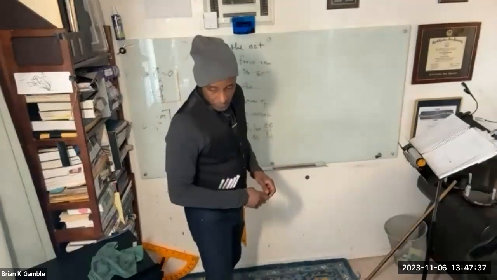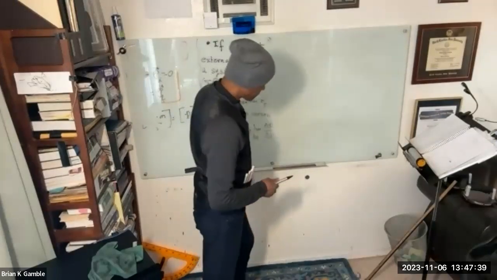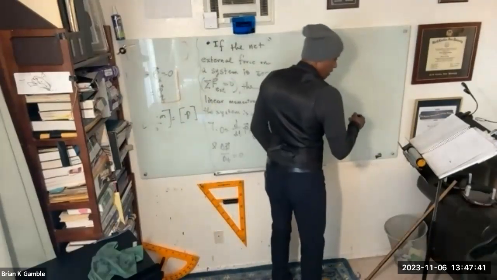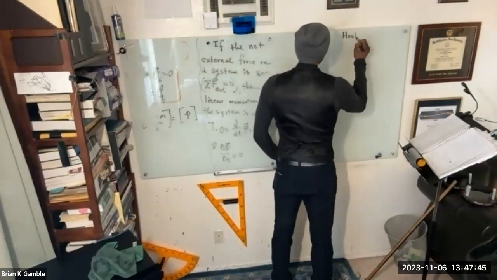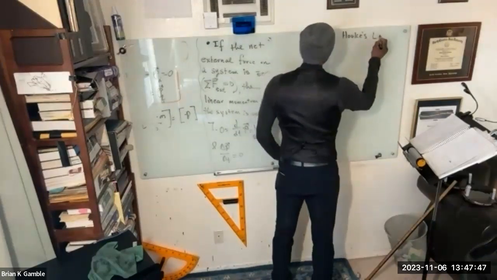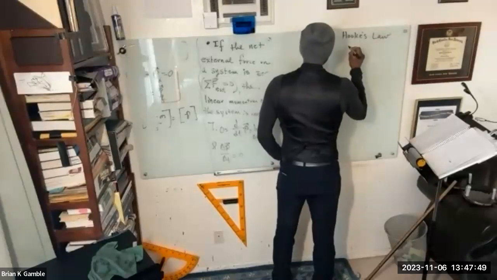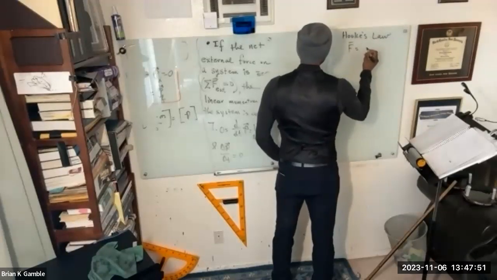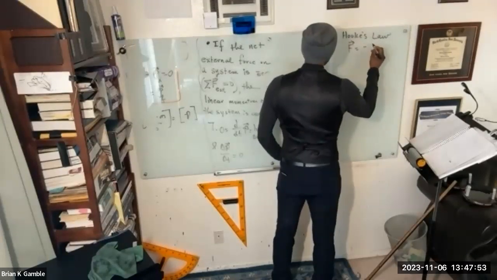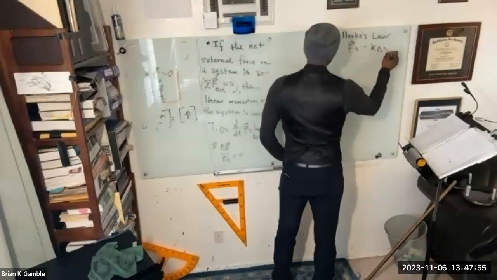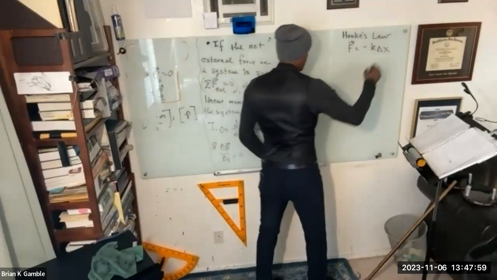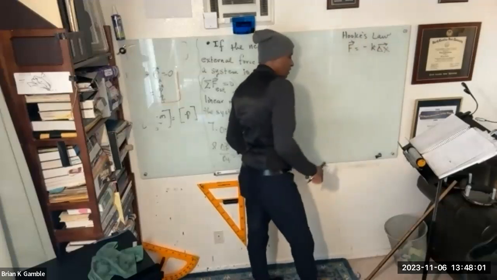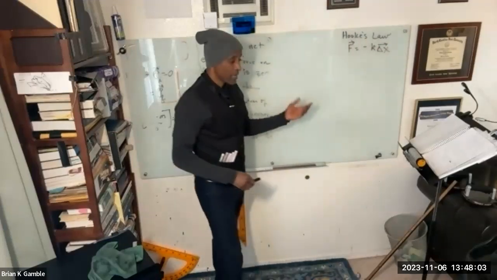So we have Hooke's law, that F is equal to negative k delta x. We talked about that. It has a potential energy associated with it, but I won't talk about that just yet. We don't need that. I just want to remind you of that law.